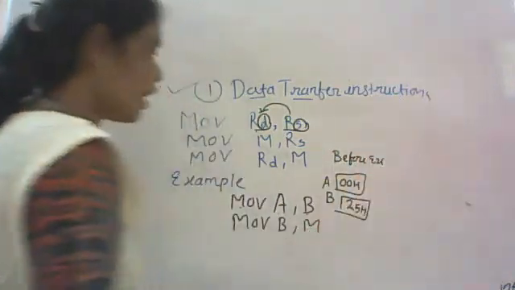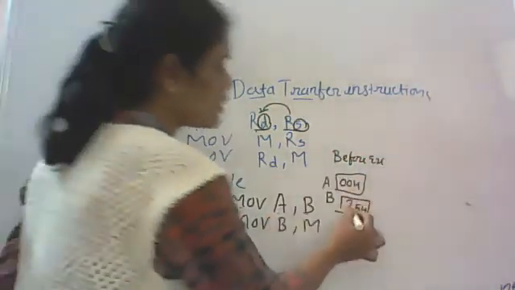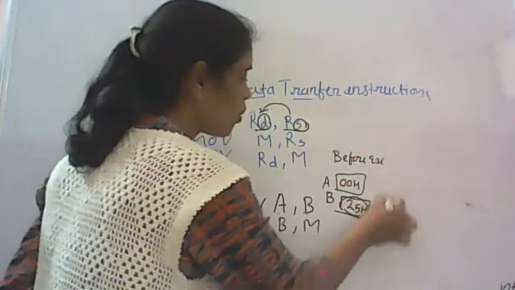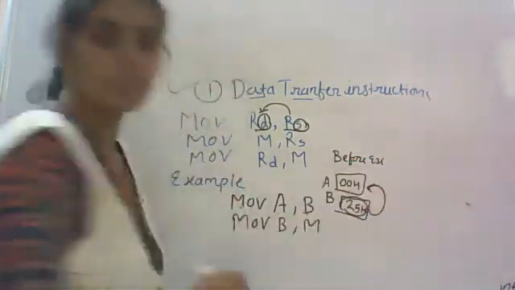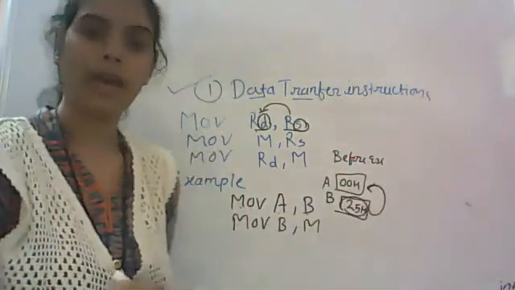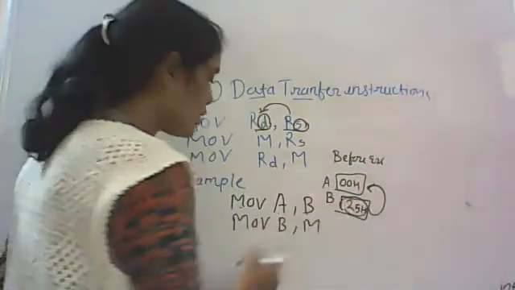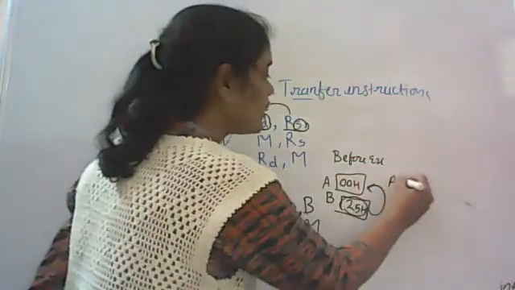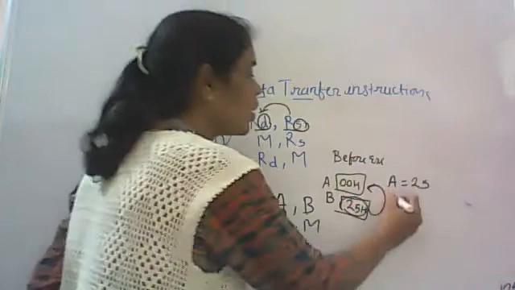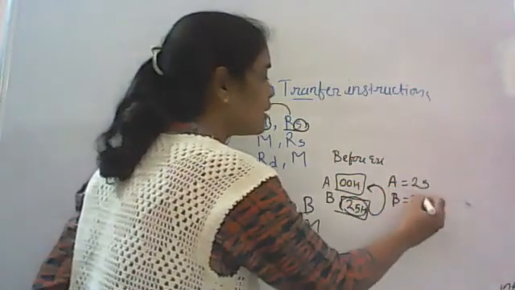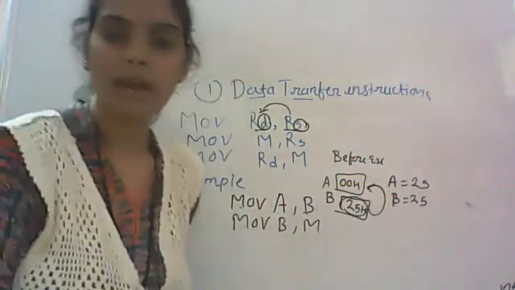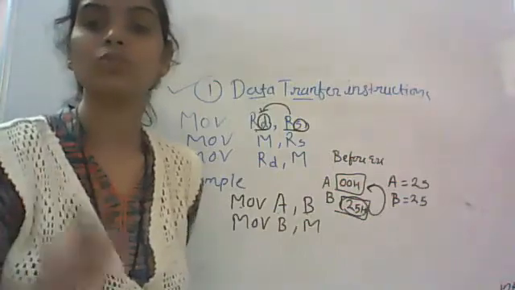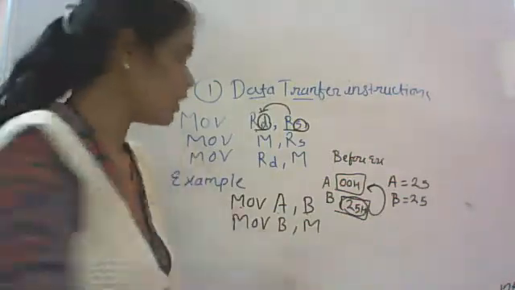After execution, this 25 is copied into the accumulator. So after execution, the accumulator contains 25 hex and B also contains 25 hex. The content of the source register is not altered here.